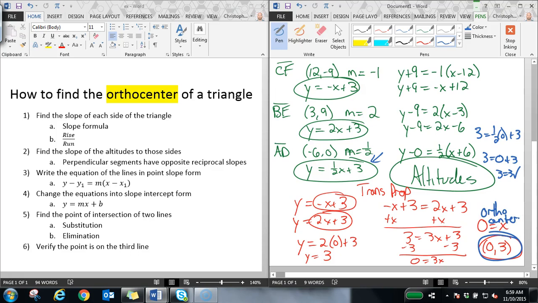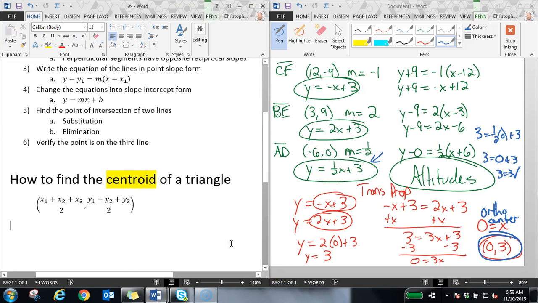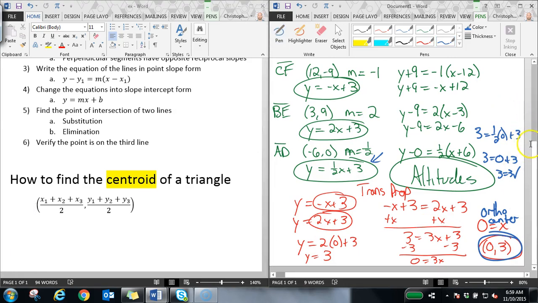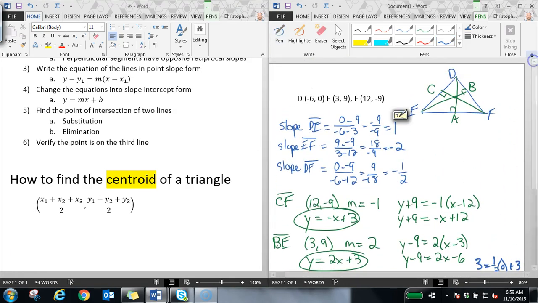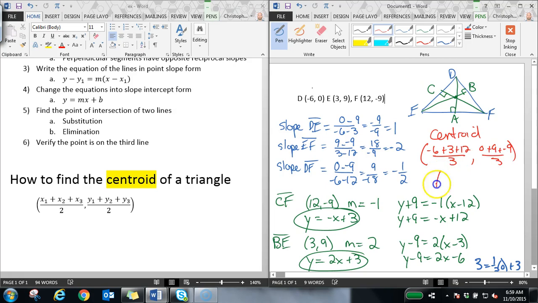To find the centroid, where all the medians intersect, is much simpler. All we're going to do is take the average of the 3 points. So for our centroid, we do negative 6 plus 3 plus 12 divided by 3, and 0 plus 9 plus negative 9 divided by 3.